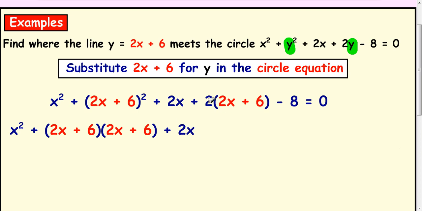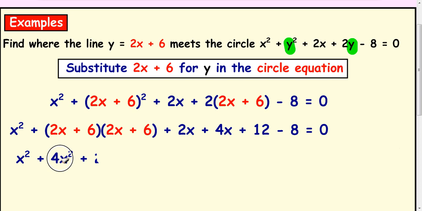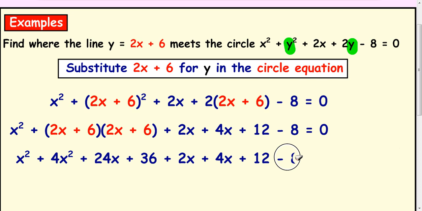And then multiply this out, having 2 times 2x is 4x, and 2 times 6 is 12, and so on. Now this will come to 4x squared plus 12 plus 12 from the 6 and the 2, so that's 24. So 4x squared plus 24x, and then 6 6's are 36. And then just put all this after it.